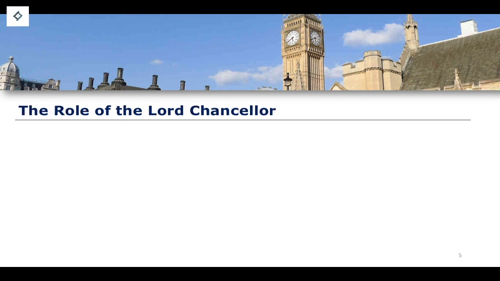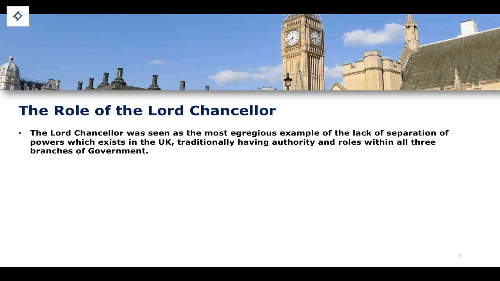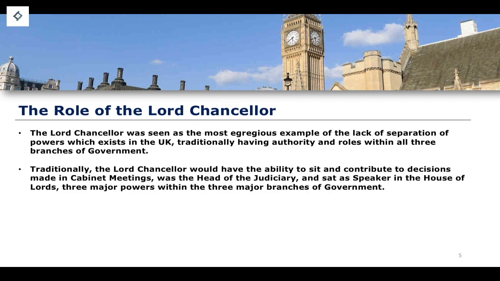One of the most important principles of the separation of powers, or at least one of the most flagrant disregards of the separation of powers, is the role of the Lord Chancellor. The Lord Chancellor was seen as the most egregious example of a lack of the separation of powers, because the Lord Chancellor traditionally had quite high up and quite prestigious roles within all three branches of government.